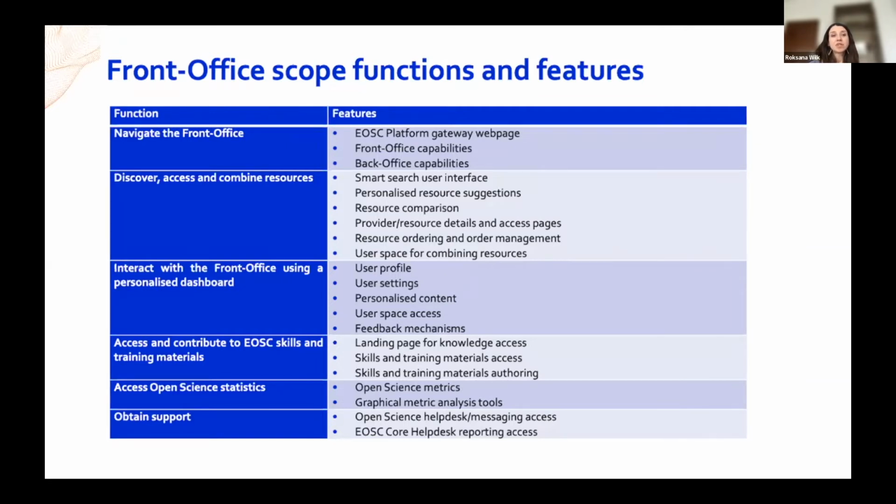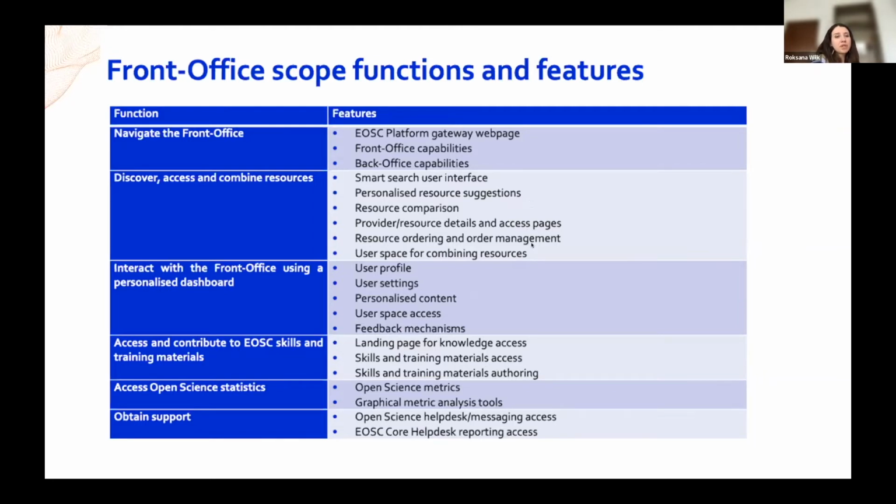The second one is discover, access, and combine resources. This will mainly take place in the marketplace, and the most important parts of it are the already described order management and combining resources elements, so the interoperability aspect in the platform itself. Next to it are the discovery capabilities, the resource comparison, and personalized resource suggestion.